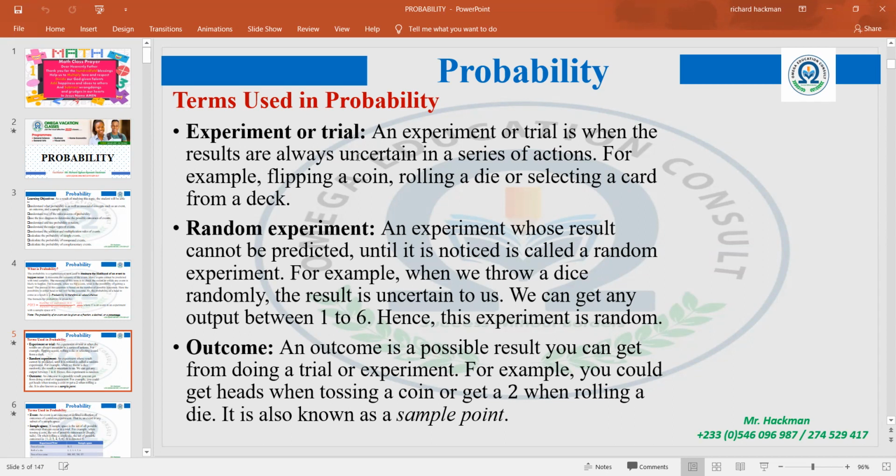Anytime you have an experiment and you can predict the results, then it ceases to be a random experiment. So please take notes. Anytime we mention random in probability, it means we are looking at your experiment being a fair experiment.